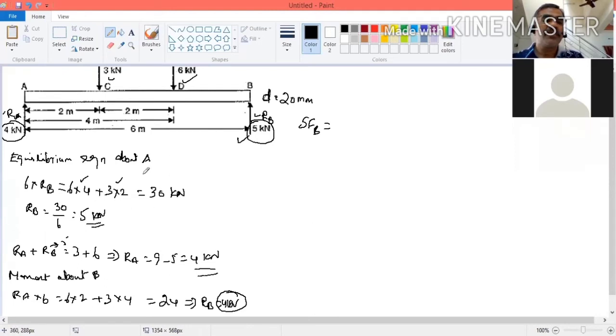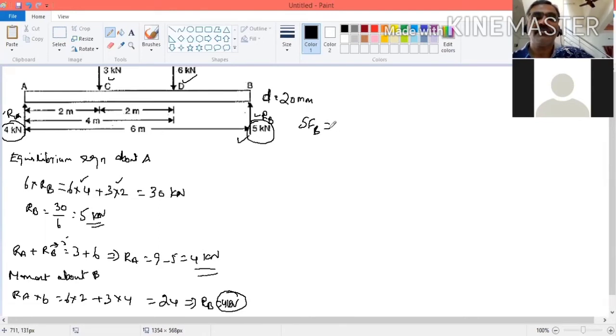While writing the equilibrium equation, you have to consider all the forces, either right side or left side, and take clockwise or counterclockwise moments. That is equilibrium. But while calculating shear force or bending moment, that is different. You have to consider only one side. And the sign convention is also different, not the same as the equilibrium equation.